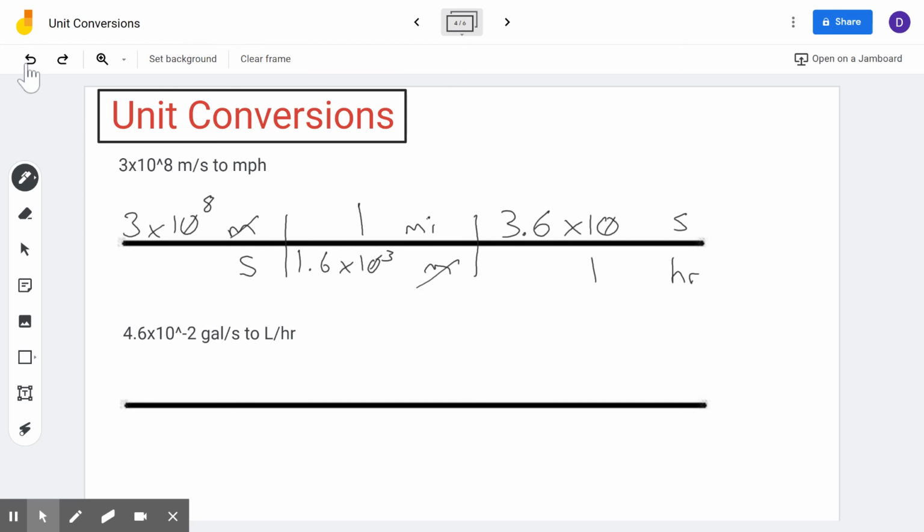Let's do that right. Okay, so now our seconds canceled. We've got miles per hour. That's what we wanted. Hey, here's a 10 to the third and a 10 to the third. Those can cancel. And you're left with 3 times 3.6 divided by 1.6.